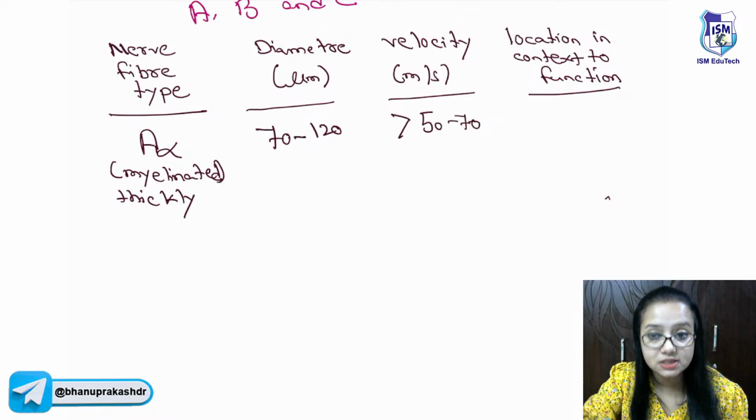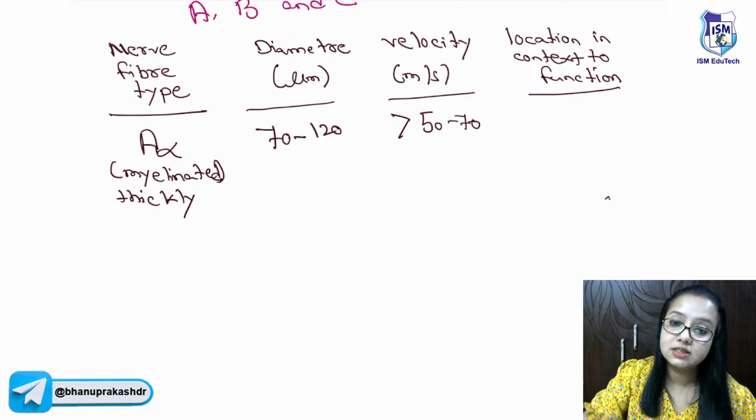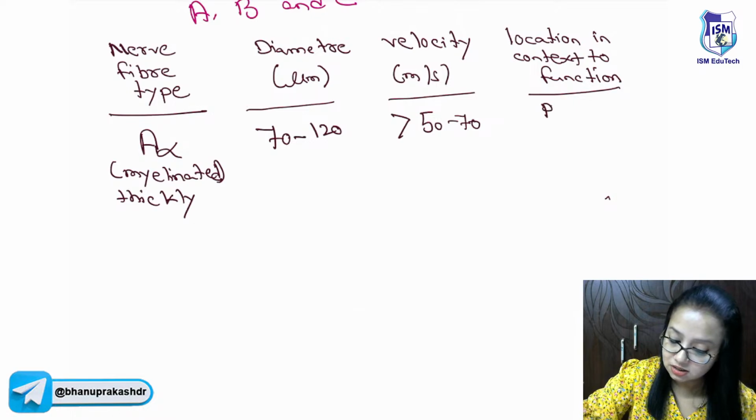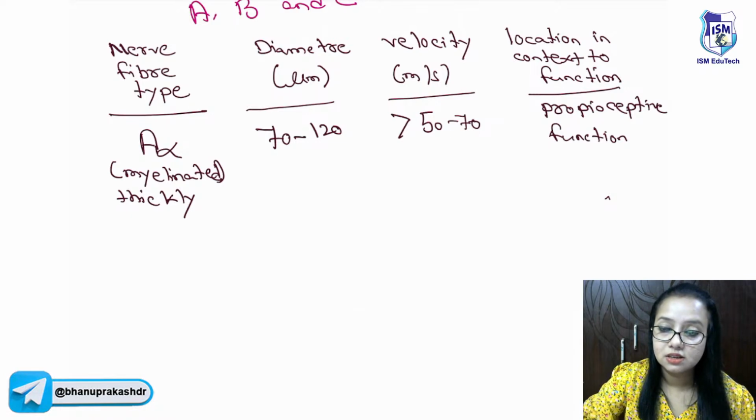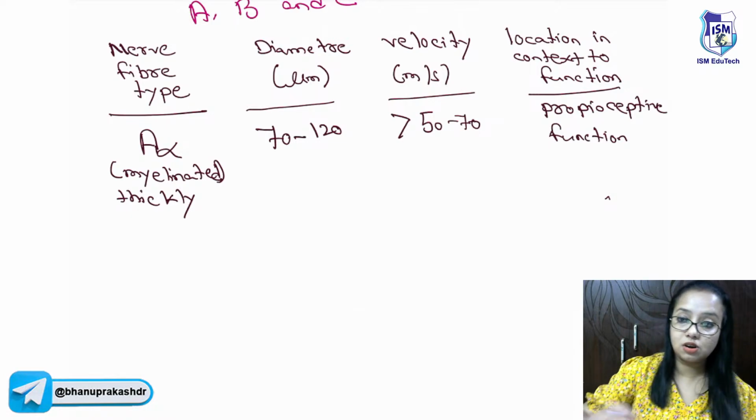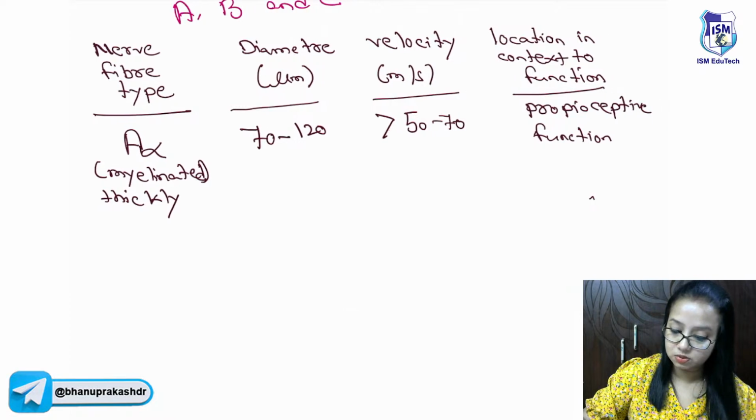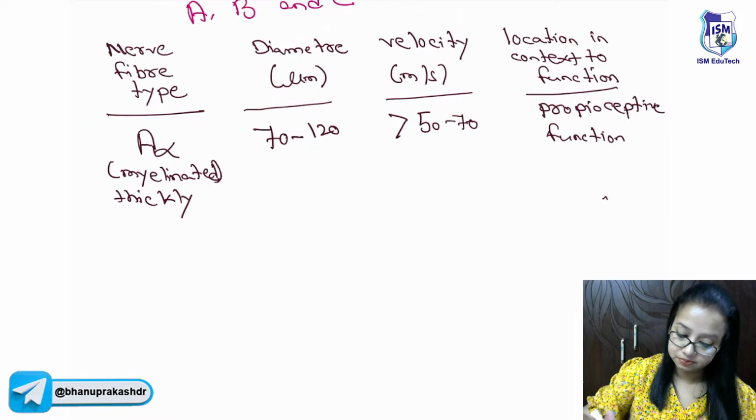At that speed it can conduct. Now, where is it located in context to its function? It is mainly for proprioceptive function, like the feel of pressure and the feel of the location of the movement. That is proprioceptive function.